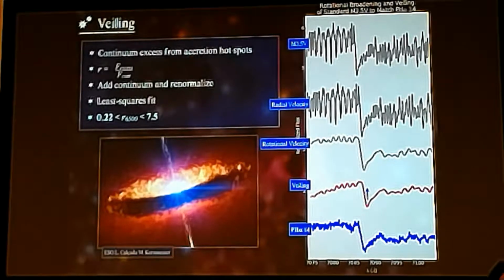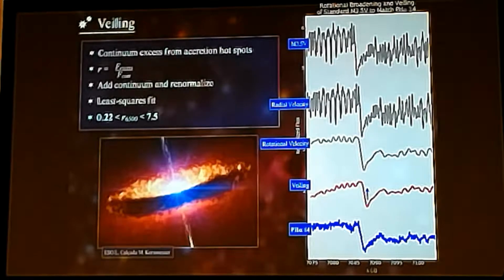R equals the flux of how much extra light you had to add, extra continuum, divided by the flux of the actual continuum.